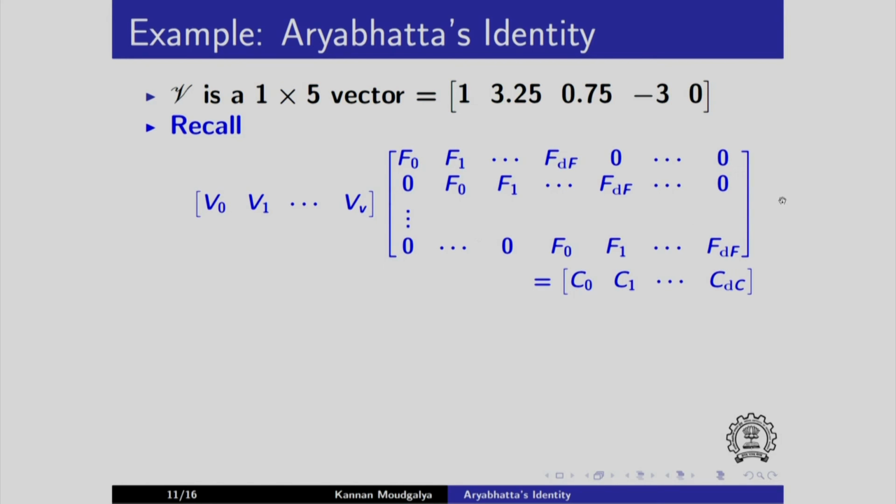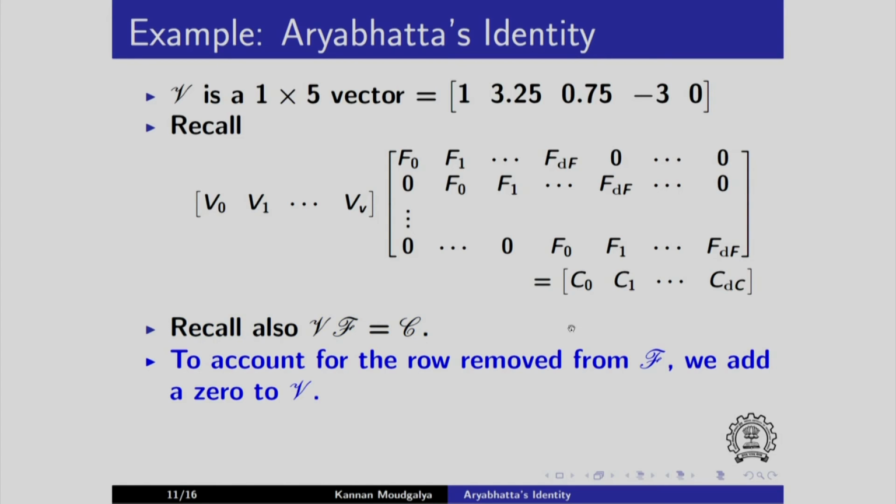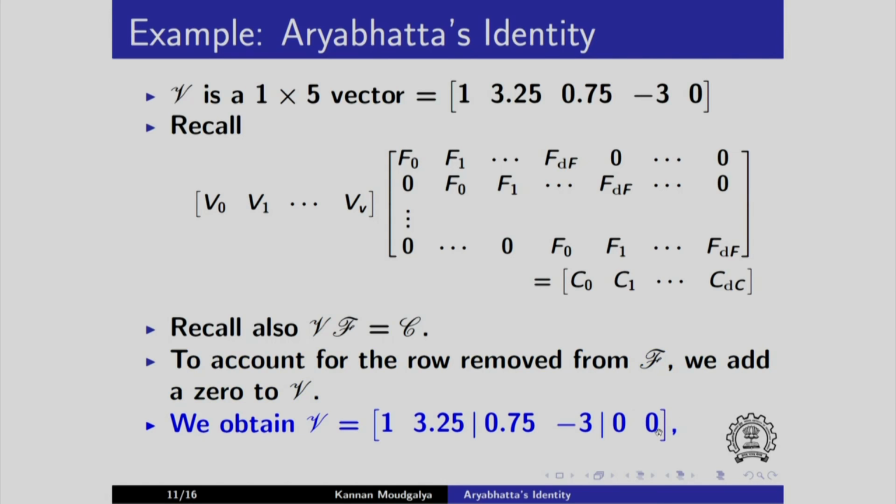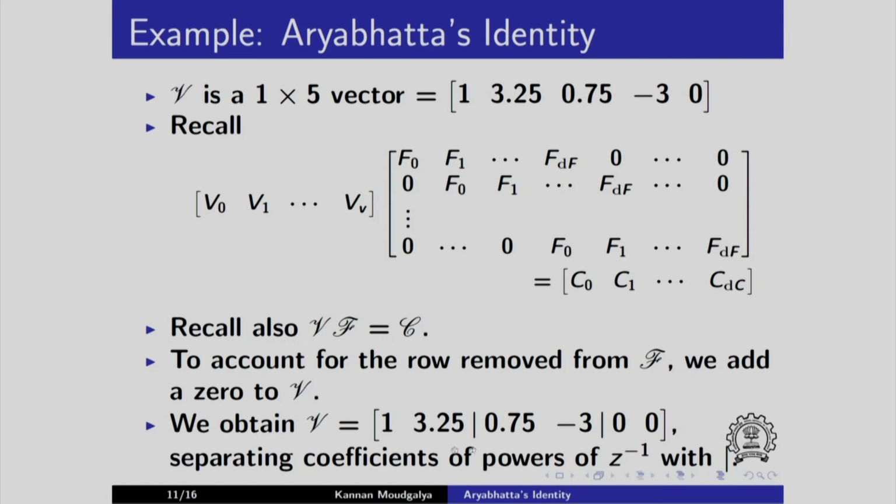and recall the matrix equation that we solved, which was written as V f equals script c. Now, we removed the last row here and found this script v. So, what we will do is to account for that, we will add a 0 to v, we put a 0 here, where we have separated the coefficients of powers of z inverse with a vertical line.